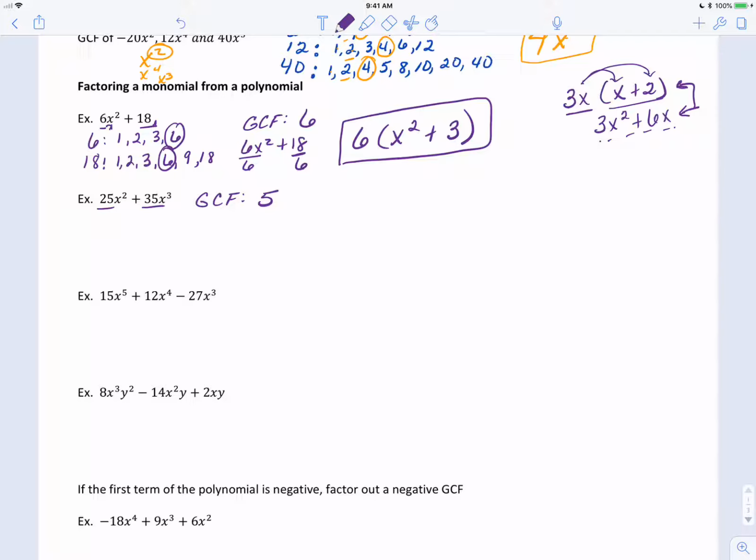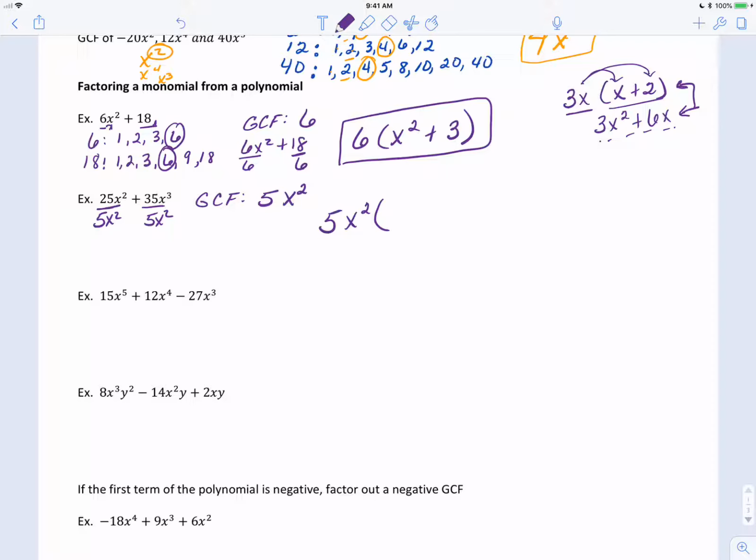And then we have an x squared and an x cubed, and we always use the lowest exponent, so that is x squared. So if we're going to write this as a product, we're going to say we've got 5x squared, and we're taking that out of each term. So it's like dividing both of those terms by 5x squared.